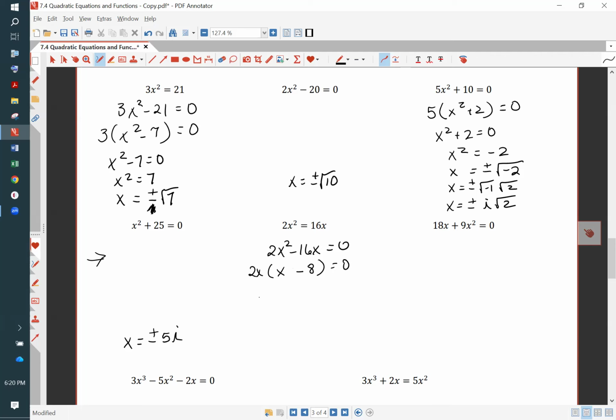So 2x equals 0, x minus 8 equals 0. X equals 0 here, and x equals 8 here.